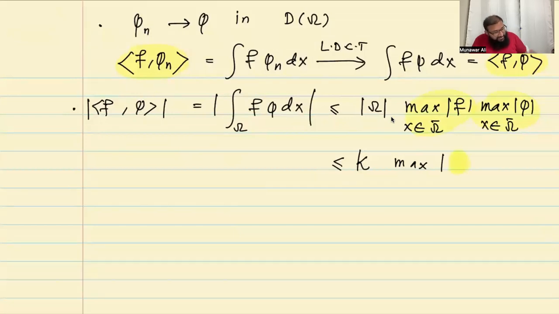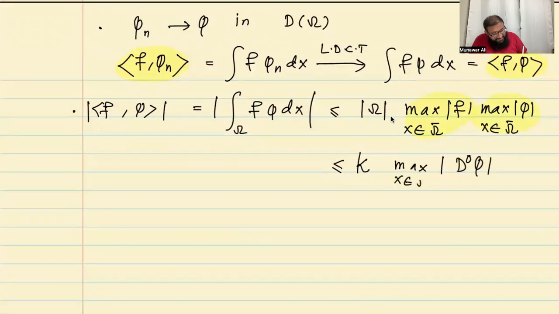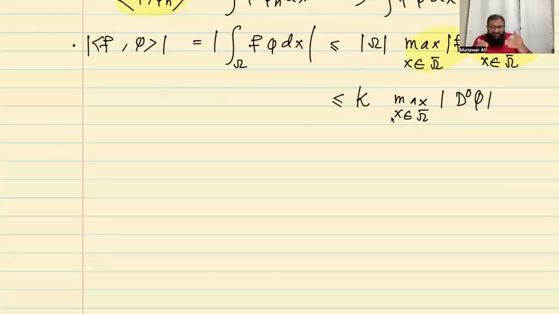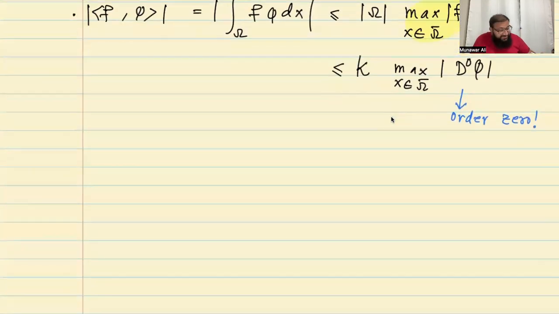So now I have the maximum of, since this is phi, I can write this as the zero derivative of phi when x belongs to omega bar. And you know very well I can write phi as the zeroth derivative of phi. So the derivative order that I have is 0. So the order of this distribution is 0.